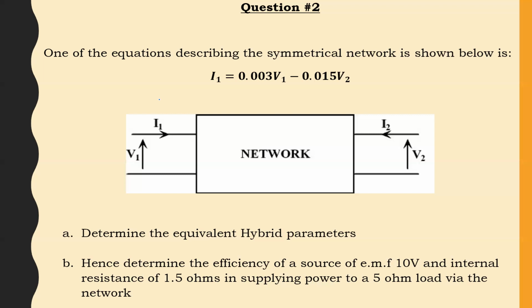Since it's symmetrical, the transfer would be the same, because looking from both sides, it would be equal. So then what transfer value? Negative 0.015. Right, so it means that we can find the other equation. So I2 would be equal to? I2 equals negative 0.015 V1.